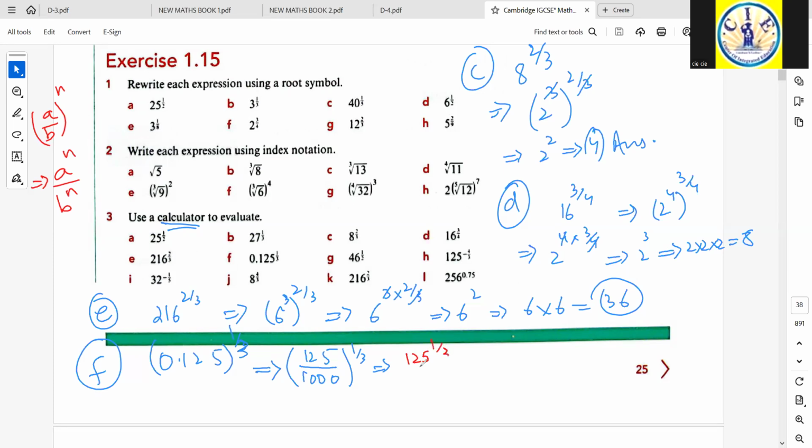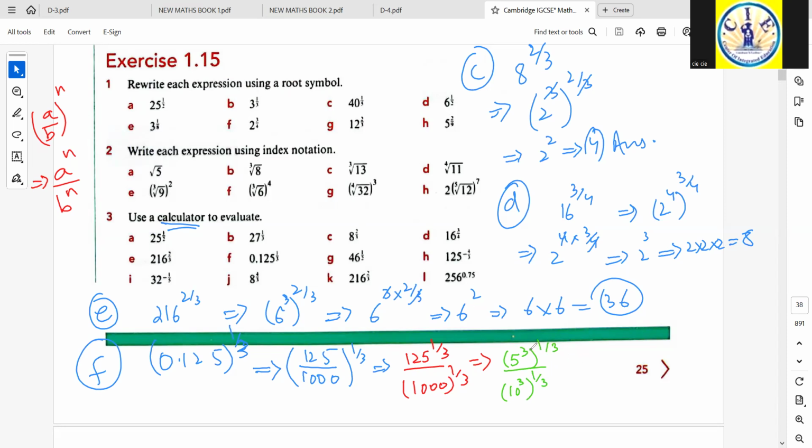125 raised to power 1 by 3 divided by 1000 raised to power 1 by 3. Now I need a number which, multiplied with itself thrice, gives me 125, and that number is 5. 5 raised to power 3 gives me 125, whole raised to power 1 by 3. The same goes for the denominator: the number is 10, which multiplied with itself thrice gives me 1000.